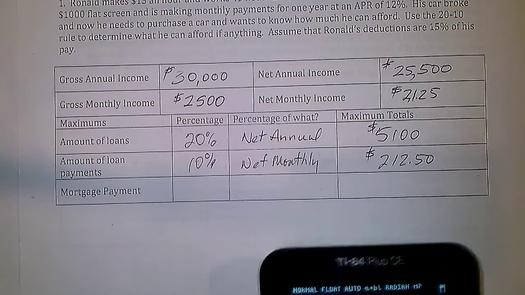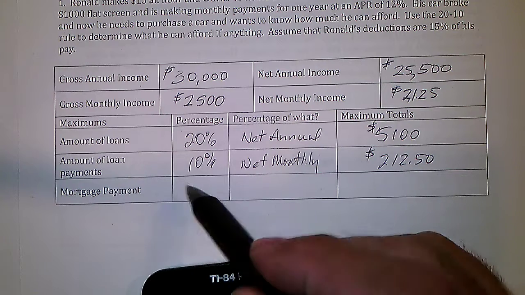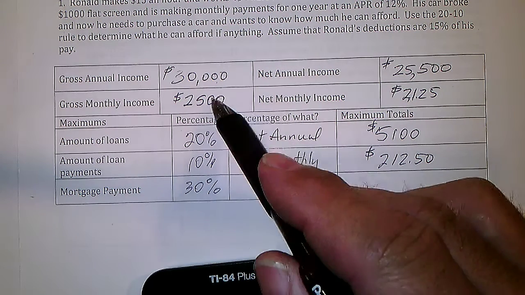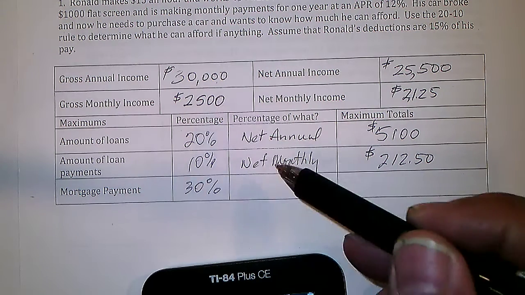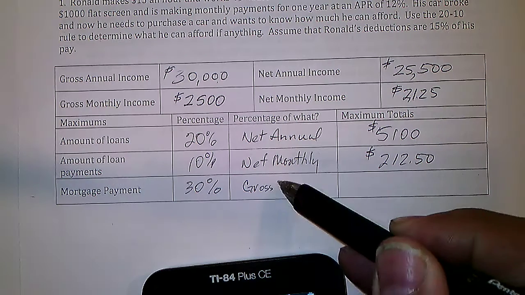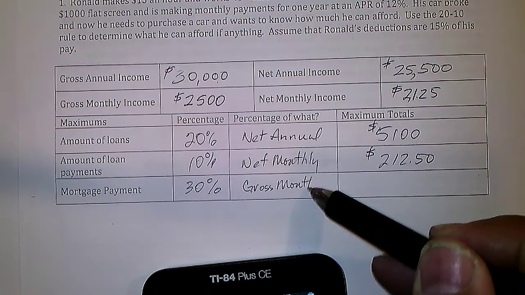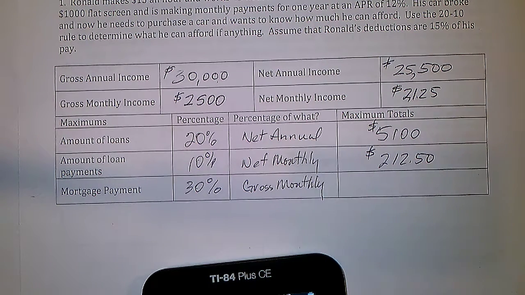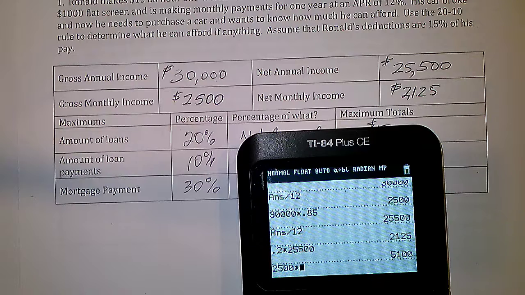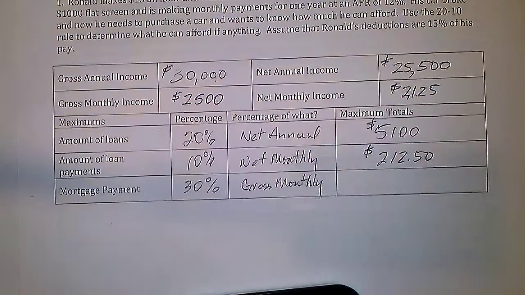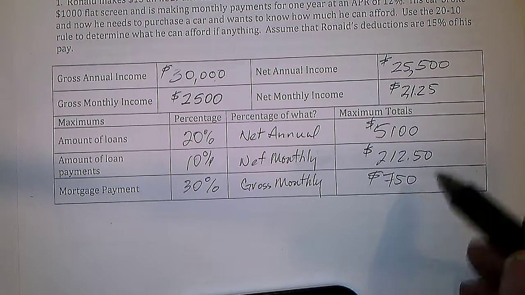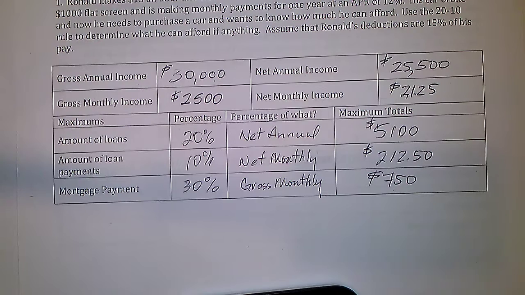If he was going to take out a mortgage, that's 30%, according to that sheet, of the gross monthly. So 2,500 times 0.3 is 750. You could have mortgage payments of $750.